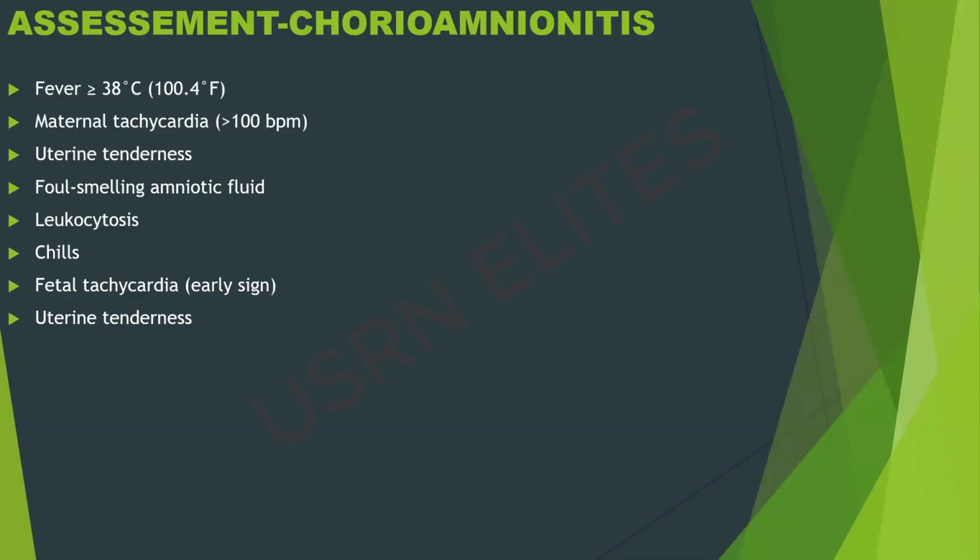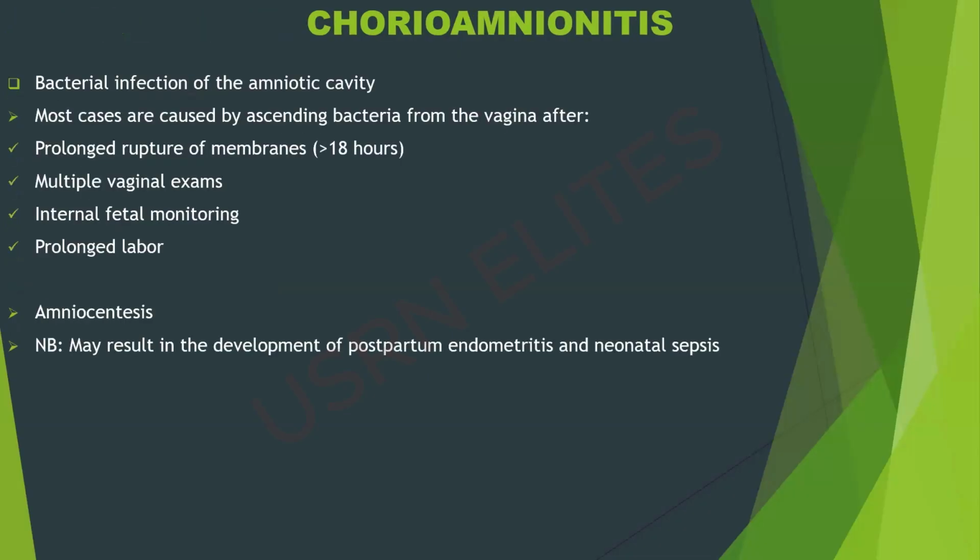An increase in white blood cells. Okay. There's going to be chills, fetal tachycardia. So that's the early sign. Because once we're having chorioamnionitis, that's where the child or the fetus is lying. So the fetus is going to experience the signs and symptoms first. Okay, so you see that the heart rate will be racing. And uterine tenderness. So that is it. All right.